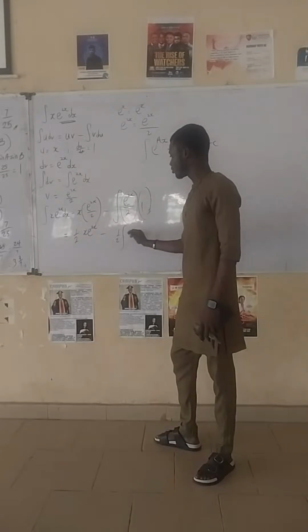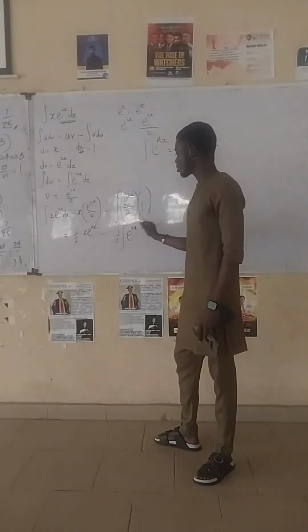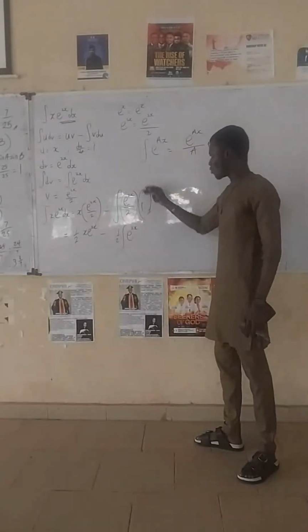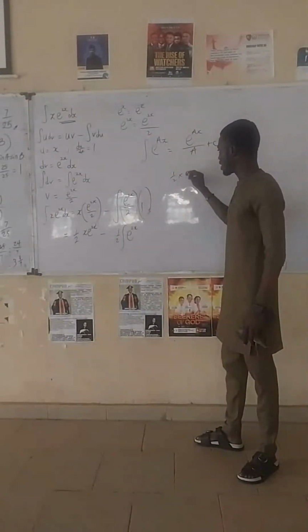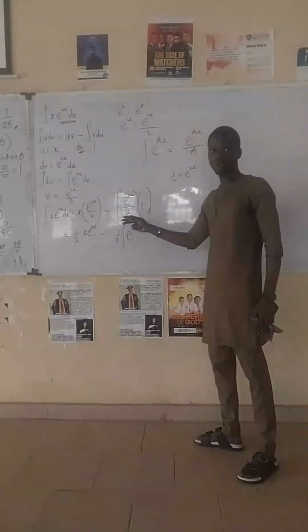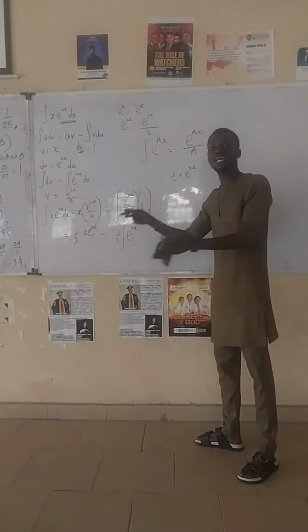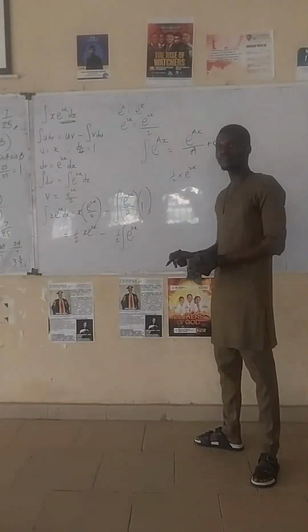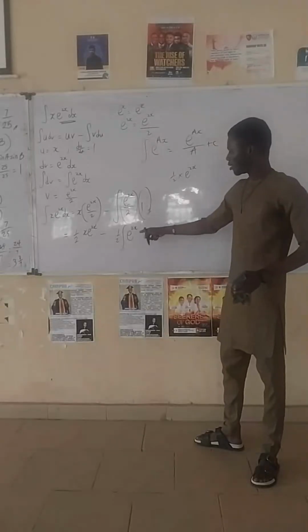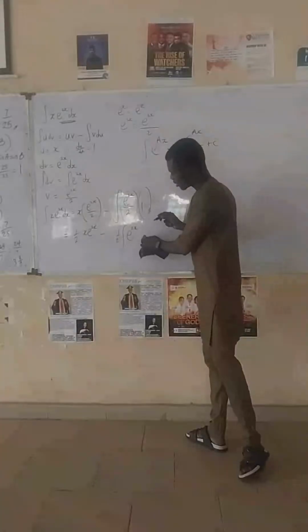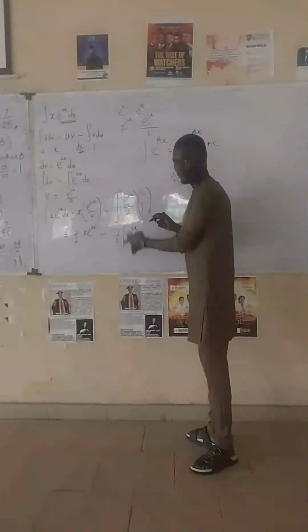The coefficient here is 1 over 2, times exponential 2x. In integration, we bring out the coefficients, then deal with x, the variable. If we find the integral of this one, it will give us exponential 2x over 2, right?